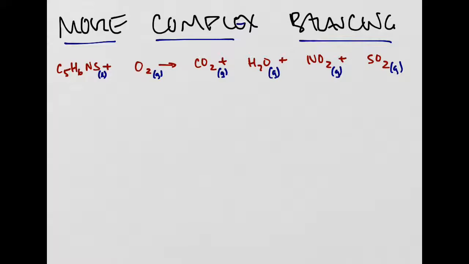Okay, so let's do what we've done in the past. We need to tally things up to make sure that we have at least the initial amount of things all squared up. So we're going to have carbon, hydrogen, nitrogen, sulfur, and oxygen.